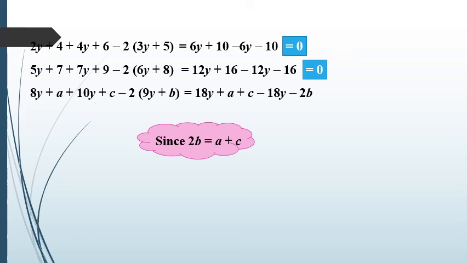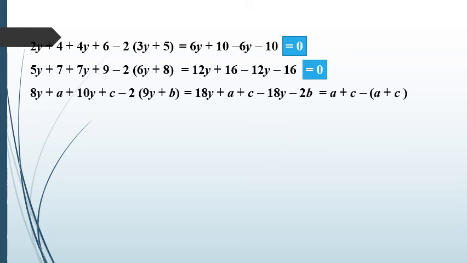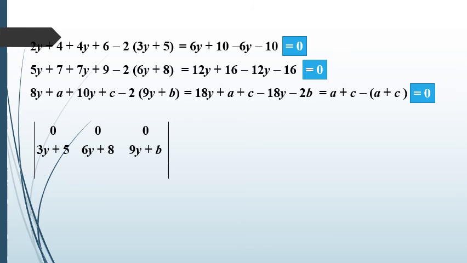Similarly, the second element is also equal to 0, and in case of the third element we get 8y plus a plus 10y plus c minus 2 into 4y plus b, which is equal to 18y plus a plus c minus 18y minus 2b, which is equal to a plus c minus a plus c, which is equal to 0.